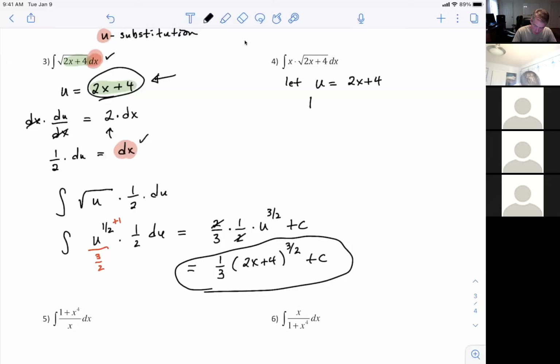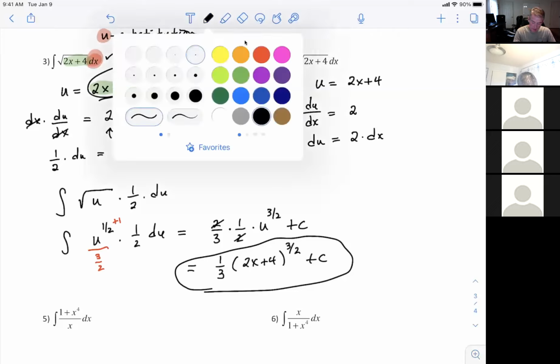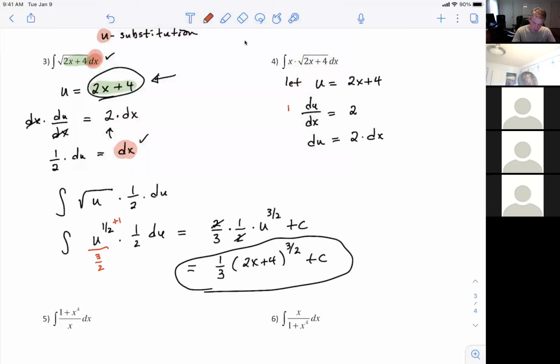And the beginning steps are going to be the same. Du dx equals just a 2. And then multiply both sides by dx. So du equals 2 times dx. And this second step, where you multiply both sides by dx, that step right there is the same each and every time, so quite often I'll just skip it.